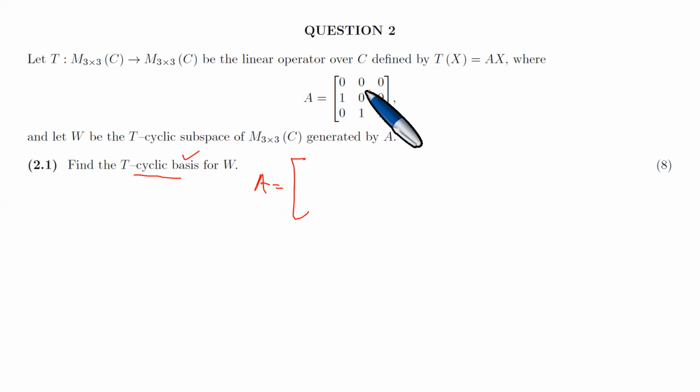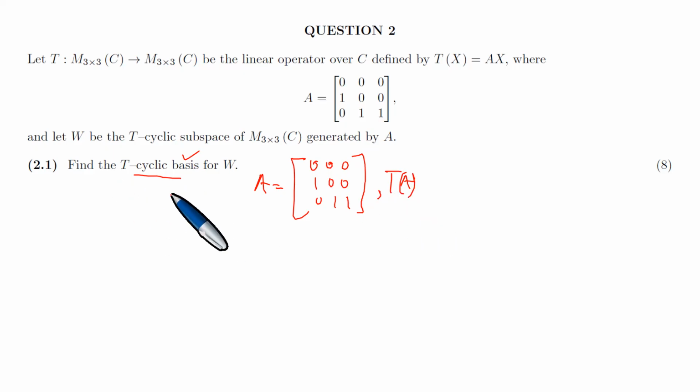So A is there: 1, 0, 0, 0, and then 1, 0, 0, 0, 1, 1. The next thing is we obtain another matrix, the TA matrix.